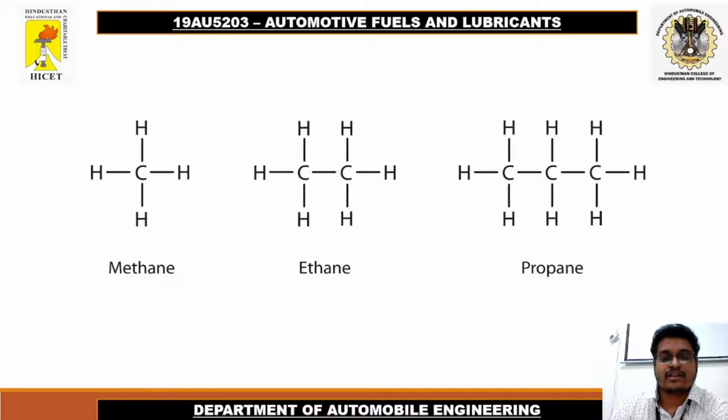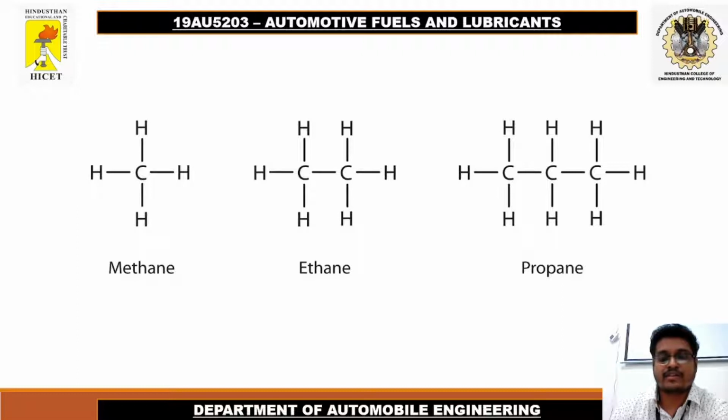Like this. Here you can see examples of straight chained molecular structures: methane, which has one carbon atom and four hydrogen atoms, and ethane, which has two carbon and six hydrogen.